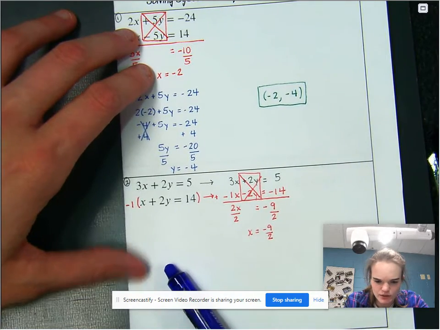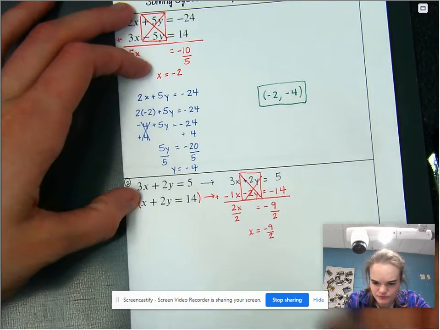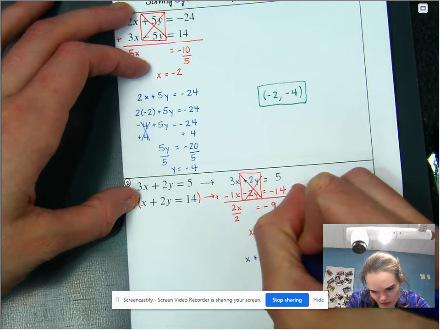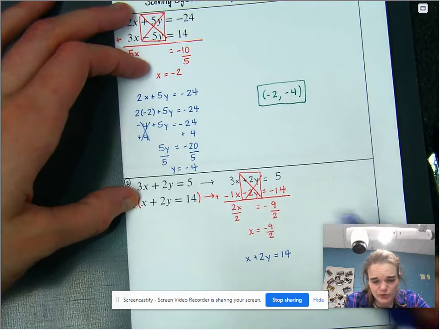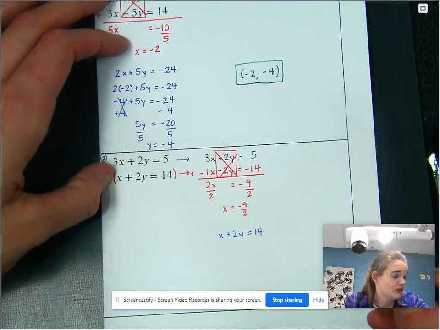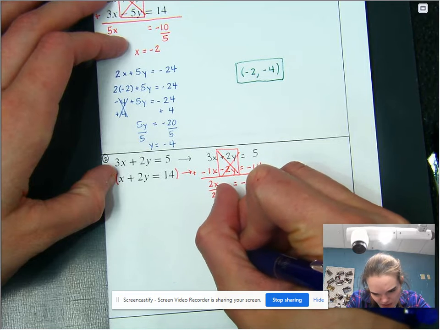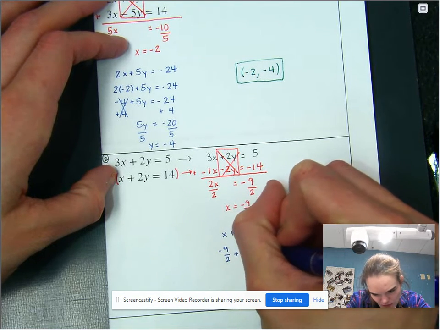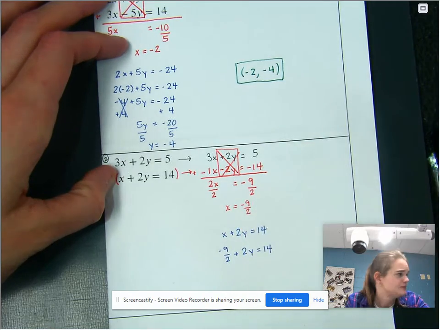It doesn't matter which one. I'm going to plug it back into this one, x plus 2y equals 14. You actually have 3 options now. You have this one, or the one you changed. It does not matter which one you plug it into. Negative 9 over 2 plus 2y equals 14.